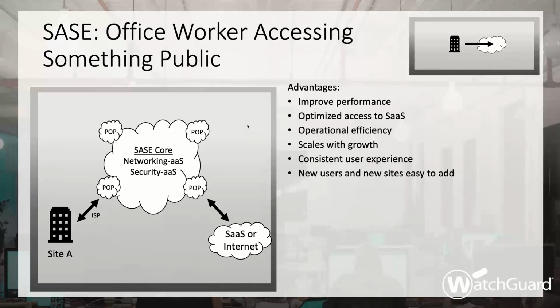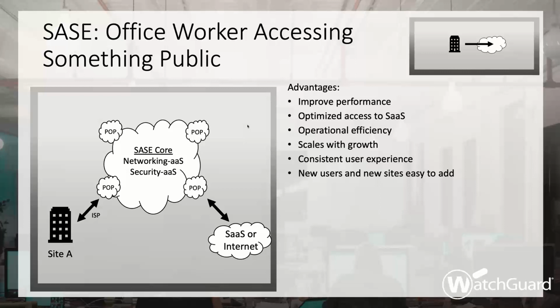I don't have to worry about scaling as my users go up and down within those branch offices, right? As they start working from home, I can easily scale that down. My users now have a consistent user experience, right? As we draw out what the work from home picture looks like, they're going to get the same experience, the same set of security services, and it's really easy for me to add new sites and new users at those sites to these deployments.